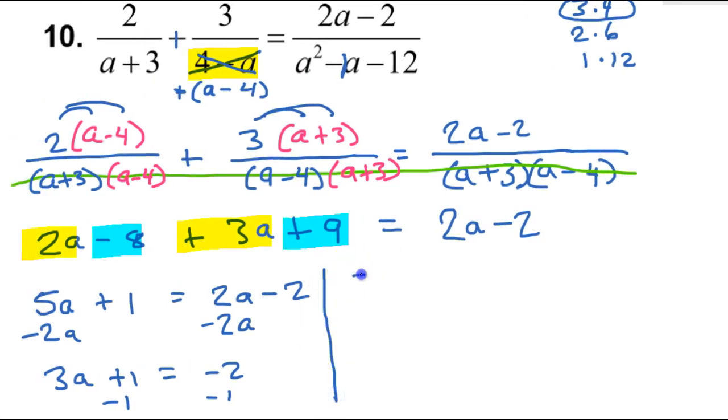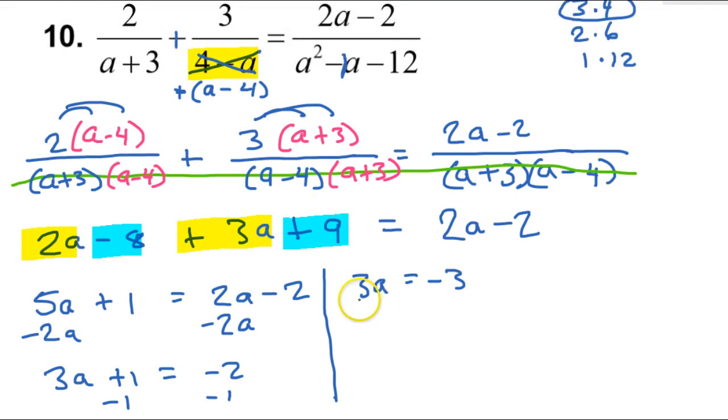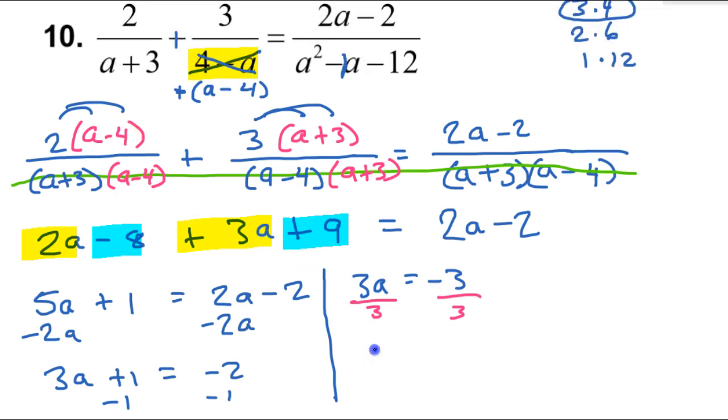So that's going to give me 3a is equal to negative 3. To get a by itself, I can divide both sides by 3. And that's going to give me a is equal to negative 1.